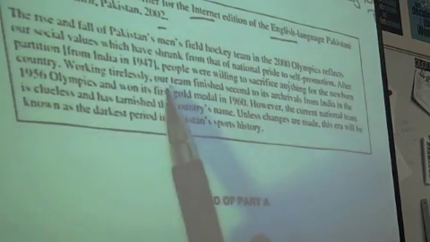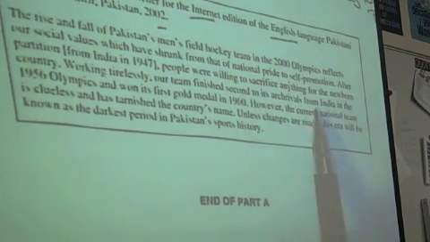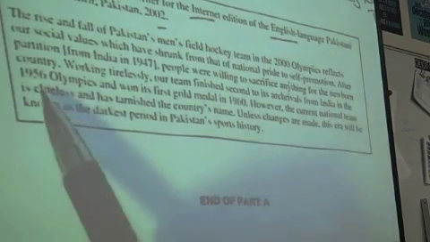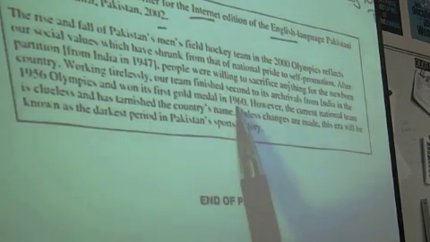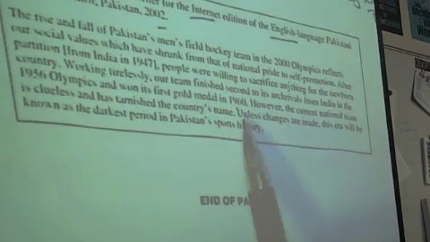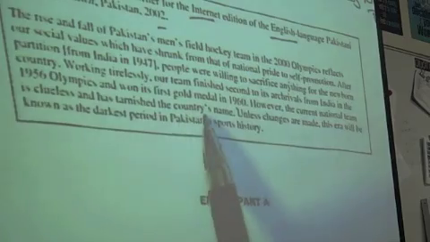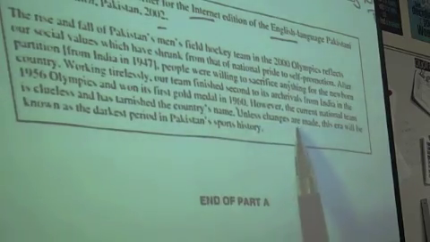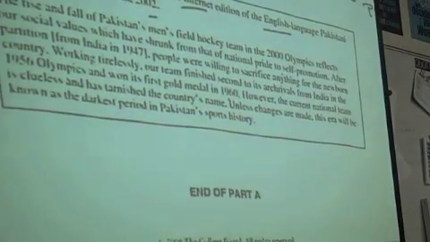Working tirelessly, our team finished second to its arch rivals from India in the 1956 Olympics and won its first gold medal in 1960. Are you kidding me? However, the current national team is clueless and has tarnished the country's name. Unless changes are made, this era will be known as the darkest period in Pakistan's sports history.